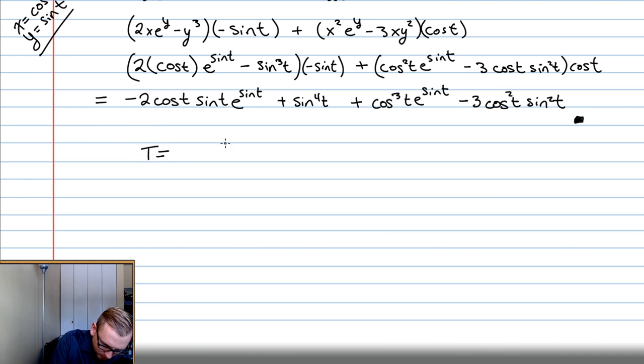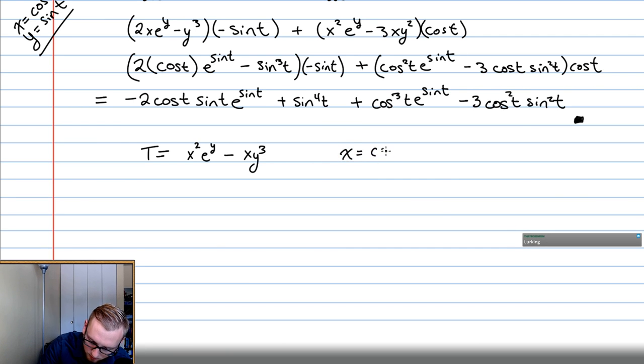So T equals, what is it? x squared e to the y minus xy cubed. Yes. And x equals cosine of t, and y equals sine of t. And now we need to just plug it in.